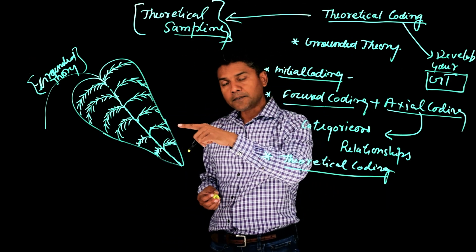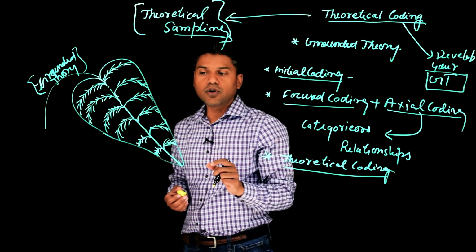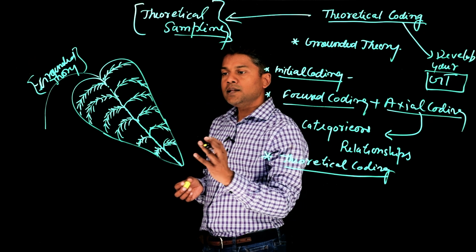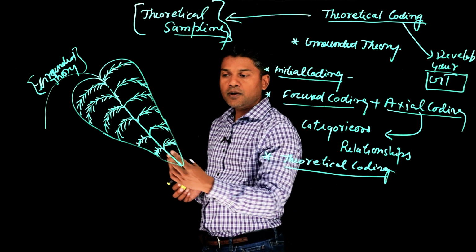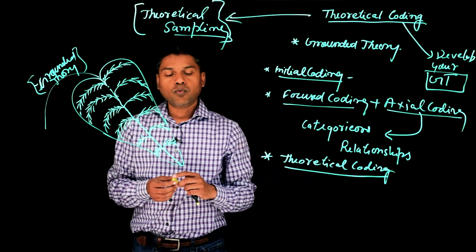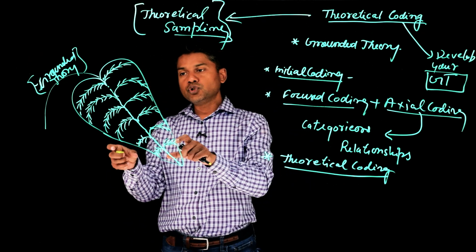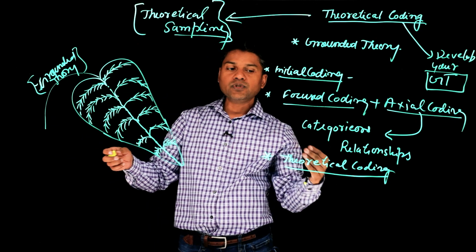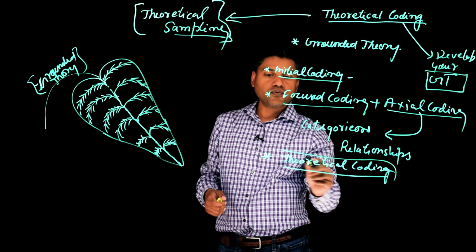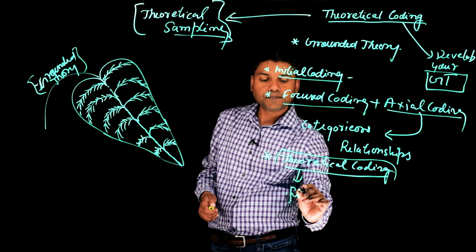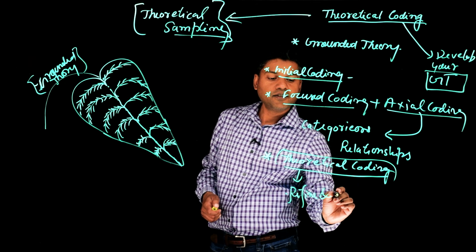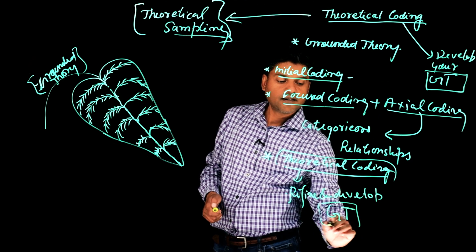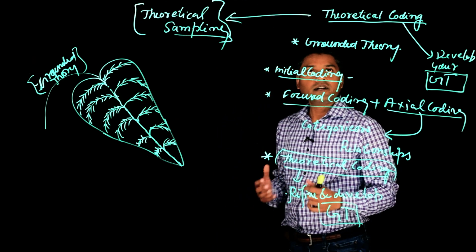So you go back to the new data you have collected, and you focus on understanding what else can contribute to the theory, what is missing, and what can contribute to the theoretical model I'm developing with this new data. You use this new data to further refine and develop your grounded theory. So that's what theoretical coding is.